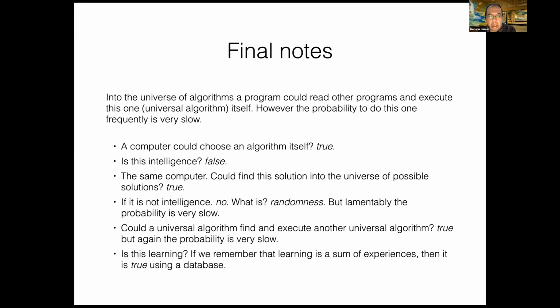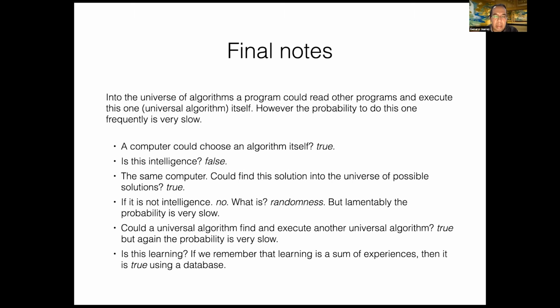Because the universe of possible solutions, the universe of algorithms, we know is infinite. And the possibility that a computer by itself could find this solution or algorithm exists in the universe of randomness. But what is the problem? The problem is that the probability is very slow that this computer could find the solution by itself.